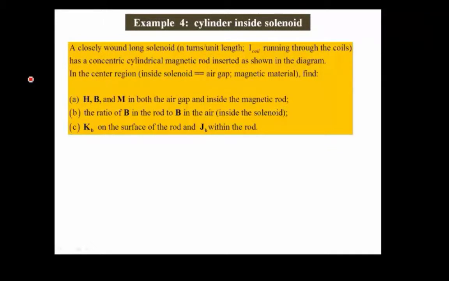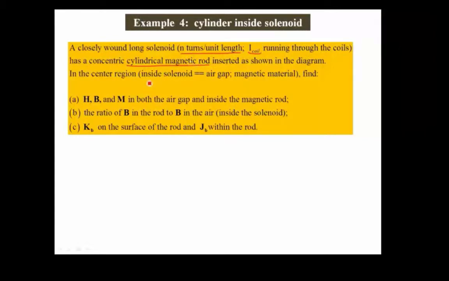Well, let's look at another example, and this is another one of these solenoid problems. So we've got the typical solenoid with N turns per unit length. The current through the windings is I coil, and we're going to stick into the solenoid a concentric cylindrical magnetic rod which will have a radius that's smaller than the radius of the solenoid.